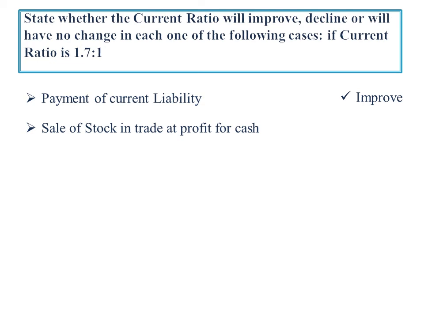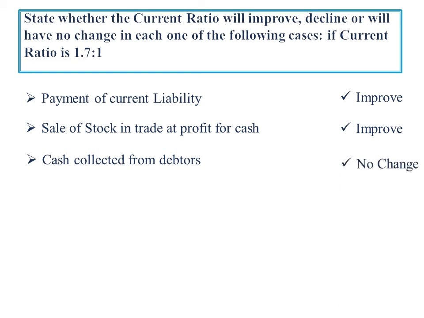So current assets are increased by the amount of profit, but liabilities remain unchanged as sale has taken place at profit. So naturally again it will improve. Cash collected from debtors. Okay. There is only conversion of one current asset into another current asset by same amount. So there won't be any change in our current ratio.